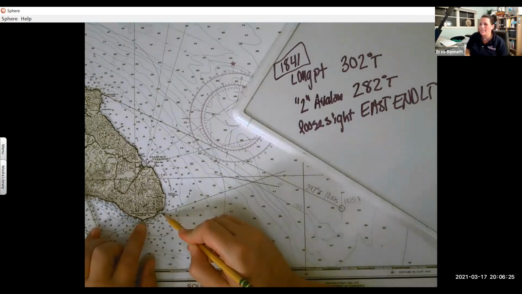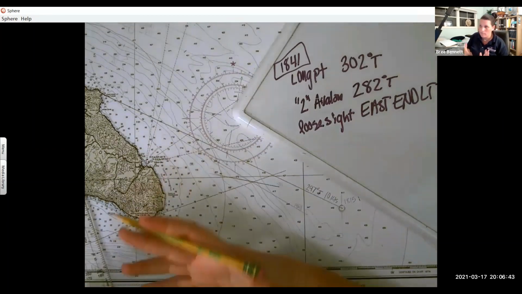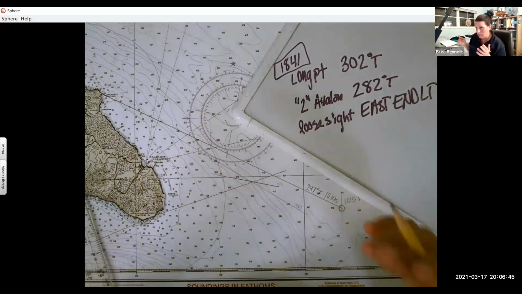I might not use it as a strict LOP, maybe just as a check to make sure my other LOPs are right. Because maybe you're seeing the light bend a little bit. I don't know. That's just my opinion.